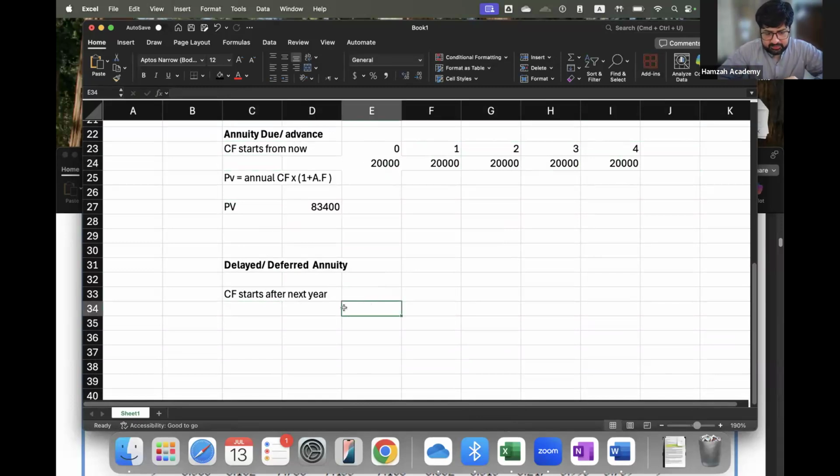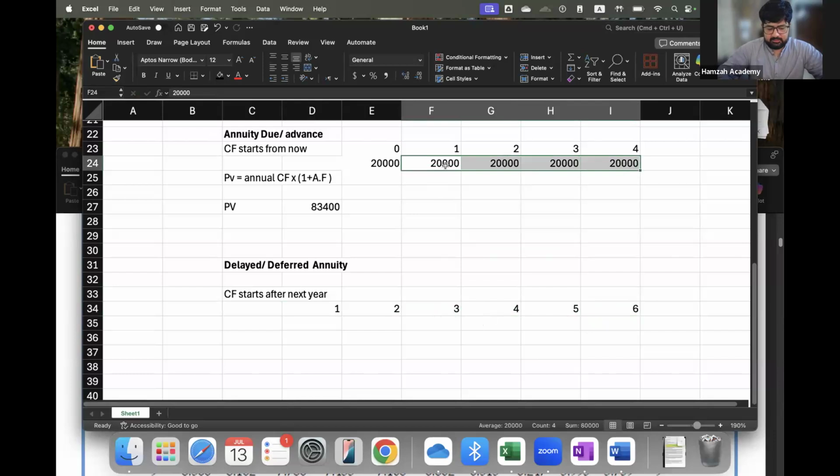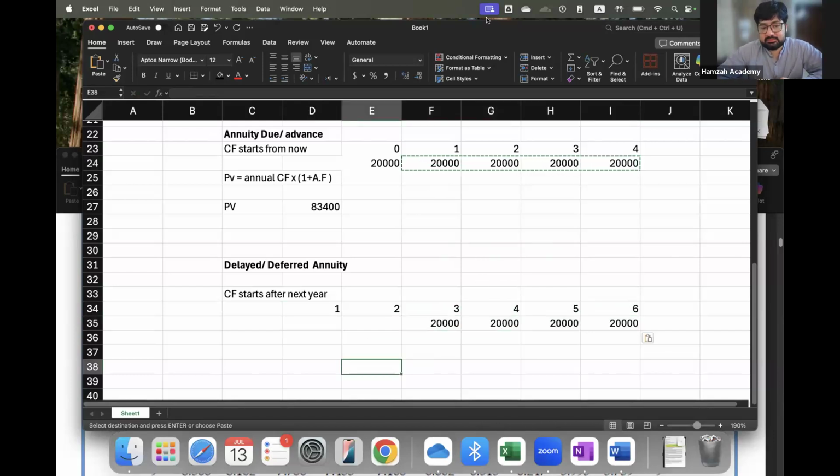So, for example, we take the example that the cash flow is starting from year 3. Delayed annuity or deferred annuity.